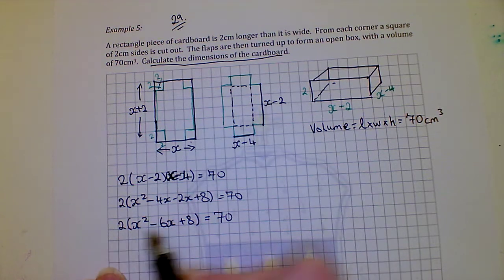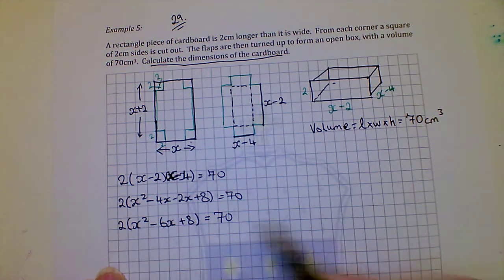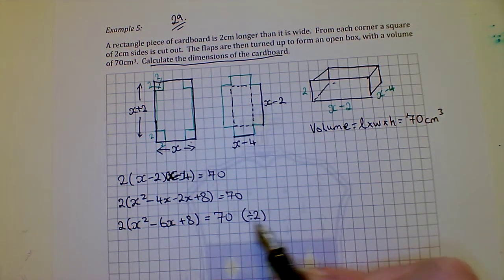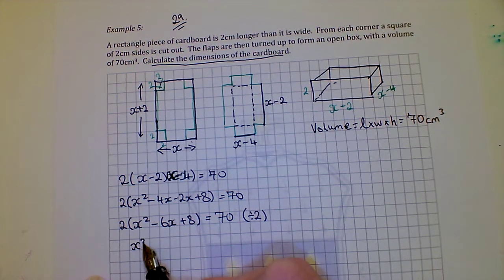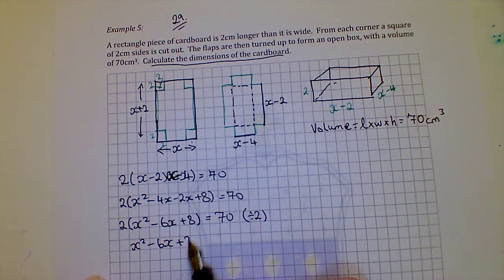You can choose to either multiply that 2 in, or why don't we just divide across by it, because 2 goes into 70. So x squared minus 6x plus 8 is equal to 35. Bring everything to one side. X squared minus 6x, 8 take 35, minus 27 is equal to 0.